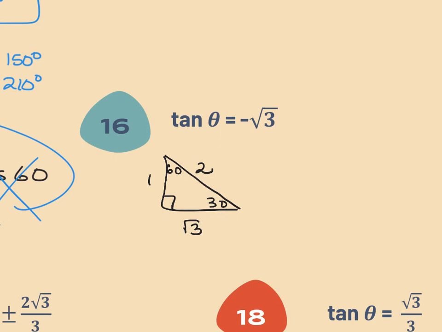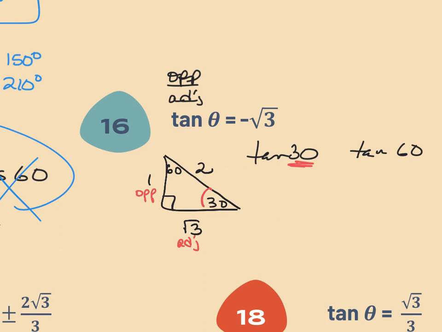So tangent, remember, is TOA, so opposite over adjacent. So if I do tangent of 30 and tangent of 60, in reference to the 30, my opposite is the 1, and my adjacent is the square root of 3. So 1 over the square root of 3, it's not going to be this one because I got to rationalize this.